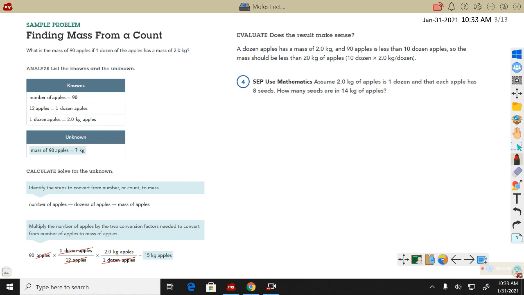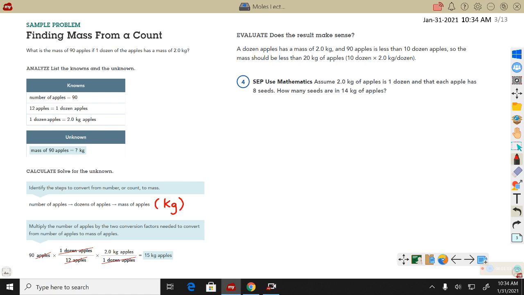I'm starting with a count, 90 apples, and I see that the unit that represents a mass would be kilograms. So I want to get from that count to a mass in kilograms. That's the unit given that would measure mass.